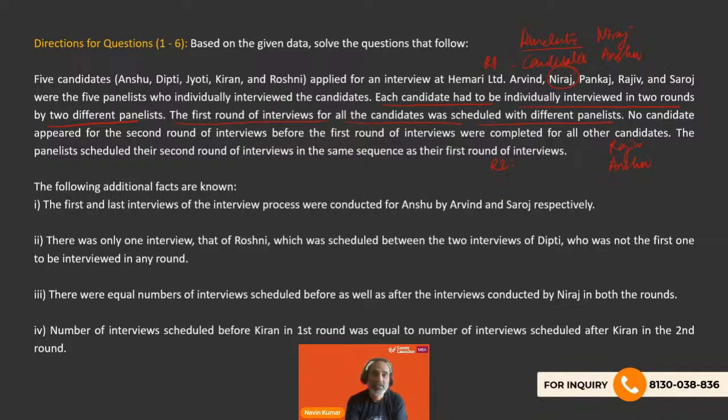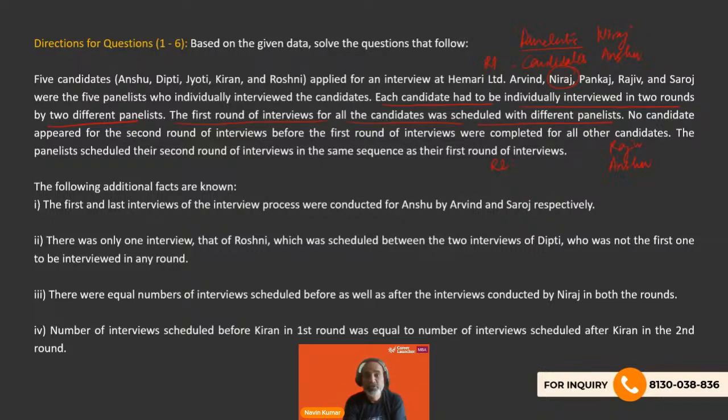It means each candidate was interviewed by a unique panelist, right? Because we have got 5 candidates and 5 panelists, and they are supposed to be different. So it's not that Anshu and Dipti both were interviewed by Pankaj, or Jyoti and Kiran both were interviewed by Arvind, or vice versa. We can never have Saroj interviewing 2 or more than 2 people.